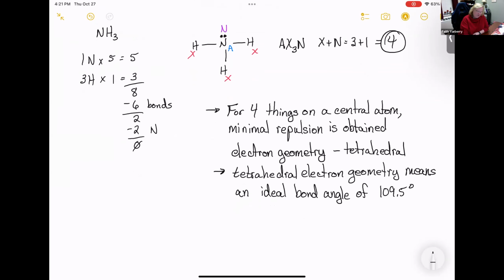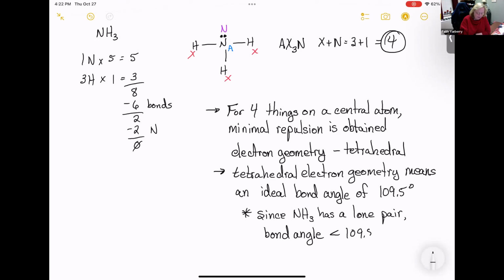Technically, since ammonia has a lone pair, and lone pairs take up more space, then the bond angle is less than 109.5 degrees.